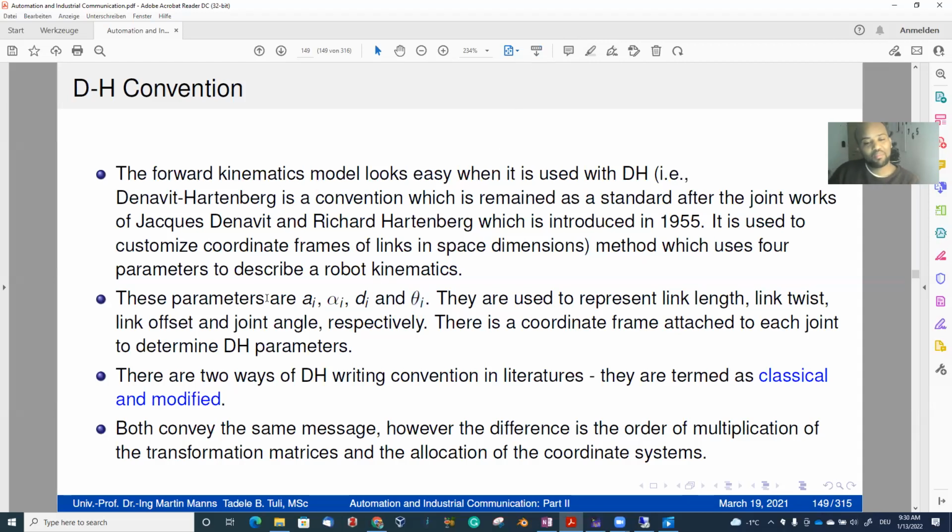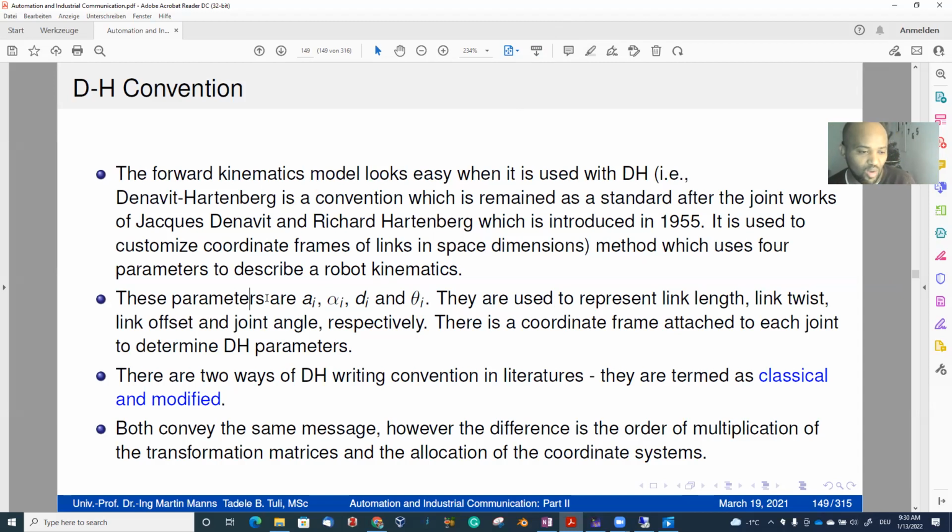So these are parameters. It is not about the lettering, it is about the concept. You have to understand the concept. What is link length? Link length is the length of the link. What is link twist? Link twist is the offset angle between the previous frame and the current frame. What is link offset?